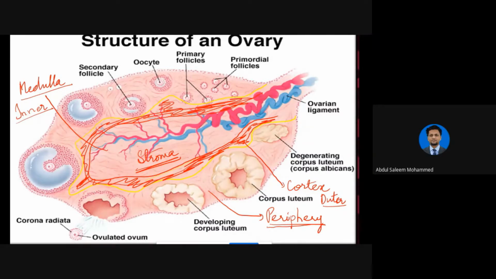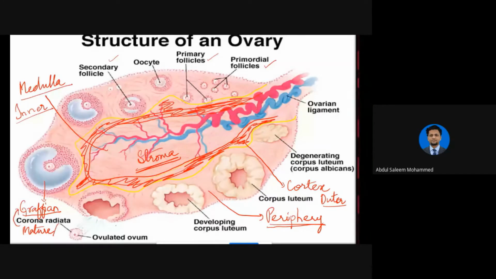Towards the peripheral regions, you can find different stages of follicles. Primordial follicles are the first early follicles. Then come the primary follicles, the secondary follicles, then the tertiary follicles. Then you will come across the immature follicle, then the Graafian follicle. So here I'll name this follicle. It is known as the Graafian follicle, the mature follicle, which has the secondary oocyte, that is the ovum.